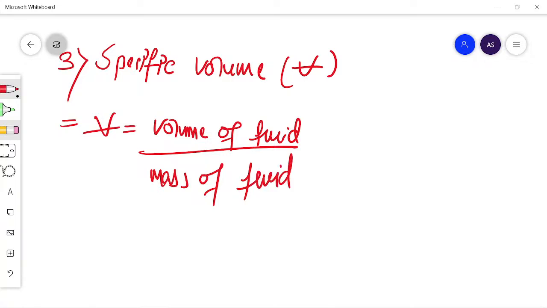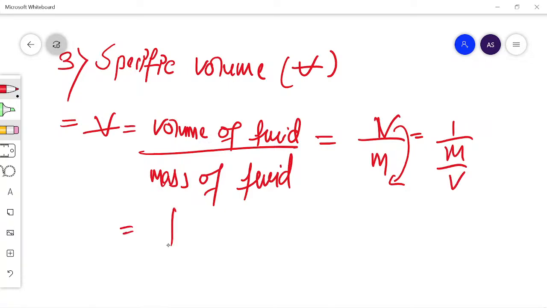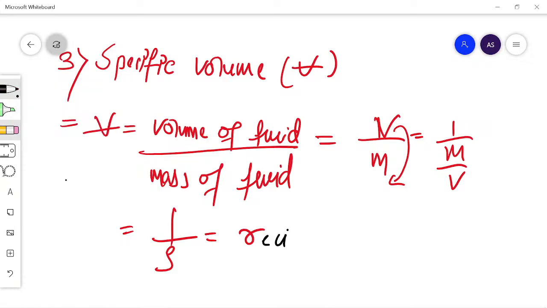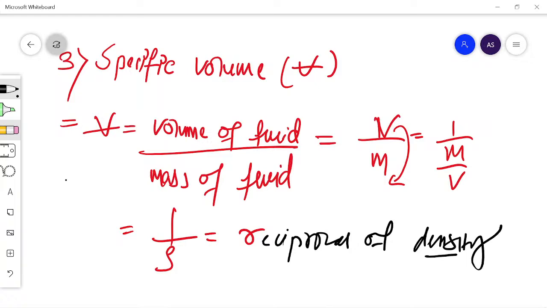The volume is V and the mass is m, and if you put mass by volume, m by V, this is the density, so you can write 1 by density, which is known as the reciprocal of density. It's called the specific volume.